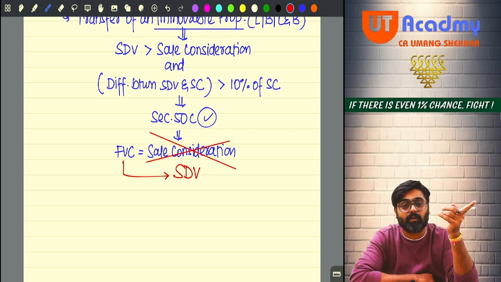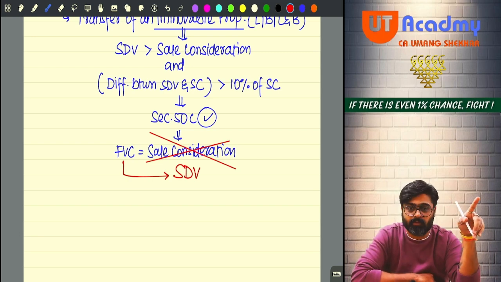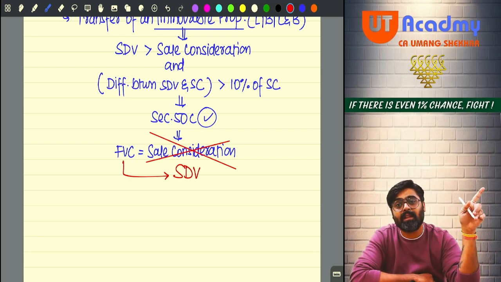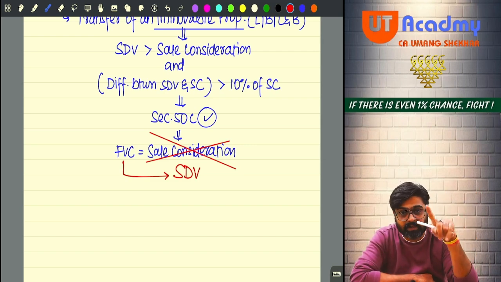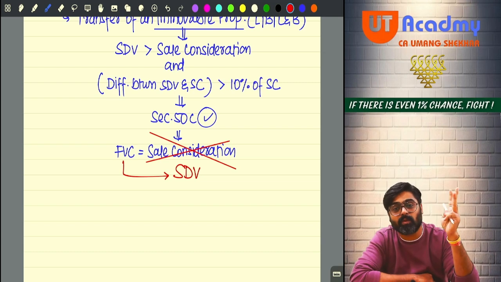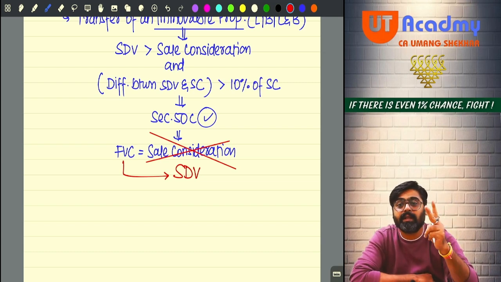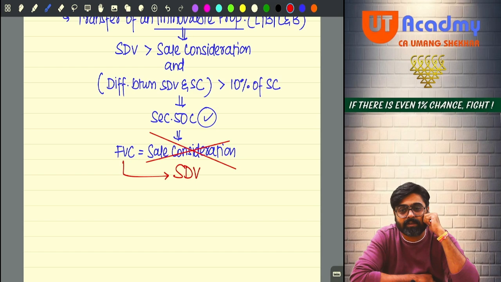So to do that, you will sell the property for 50 lakhs, but you will tell the buyer, please don't give me 50 lakhs entirely by cheque. Don't transfer that 50 lakhs to my bank. Do one thing, transfer only 30 lakhs to my bank and give 20 lakhs in the form of cash.